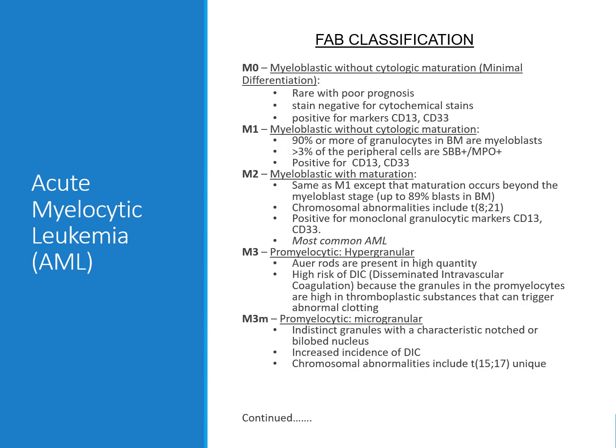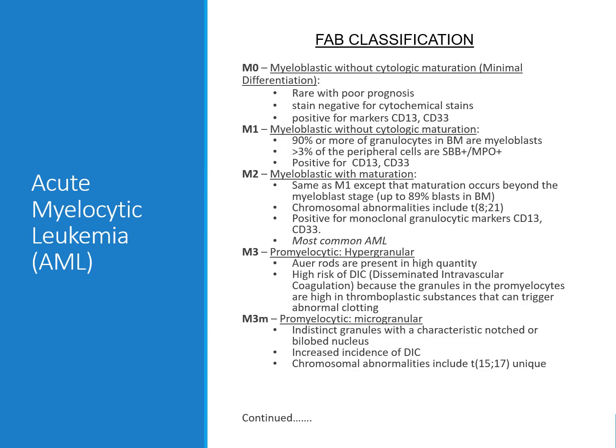And this is going to be a translocation at genes 8 and 21. These cells in this category of AML will be positive for monoclonal granulocytic markers CD13 and CD33 as well. And this is the most common category of AML that we see.